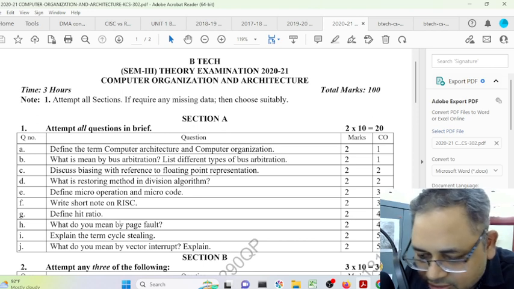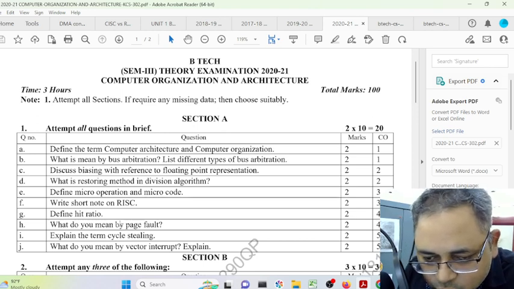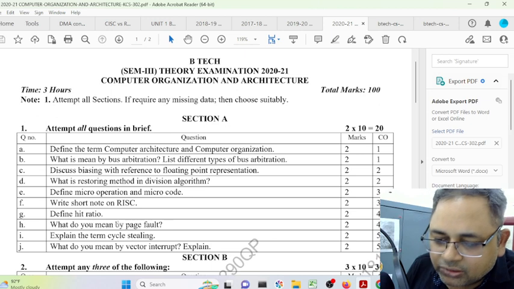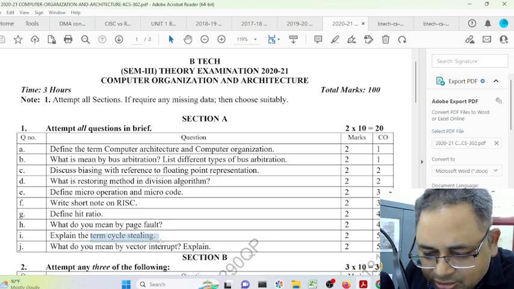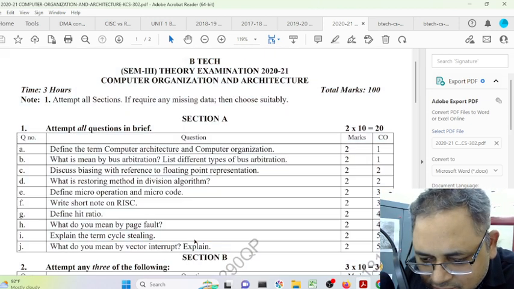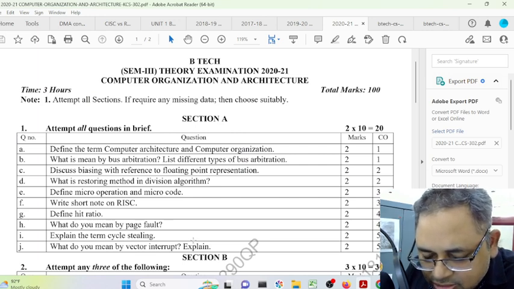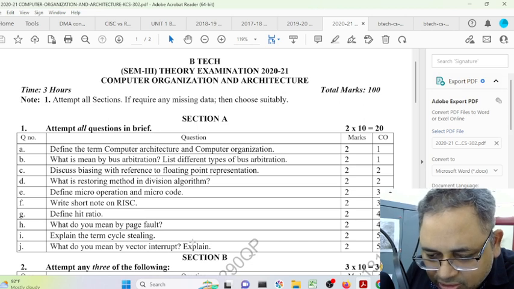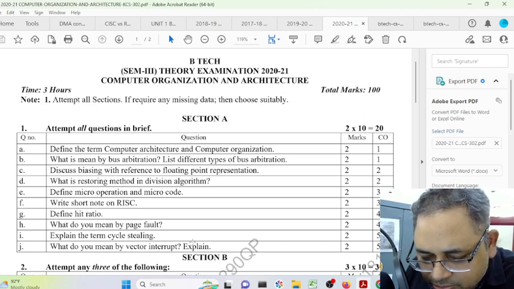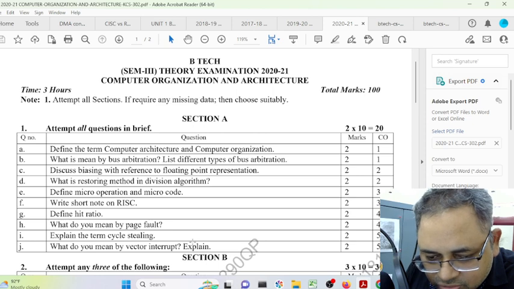Then the term cycle stealing, that's a new term. I don't have that at this time. What is cycle stealing? If I guess, then cycle stealing probably means some developments in the machine cycle of the microprocessor, maybe. I'm not sure.